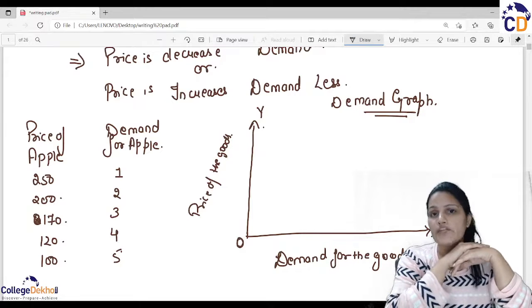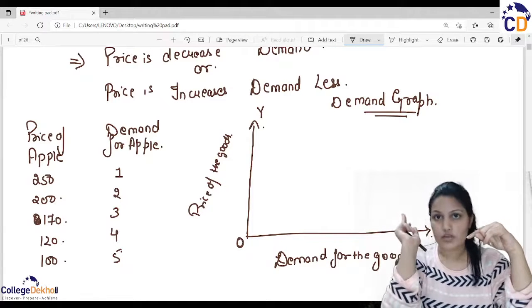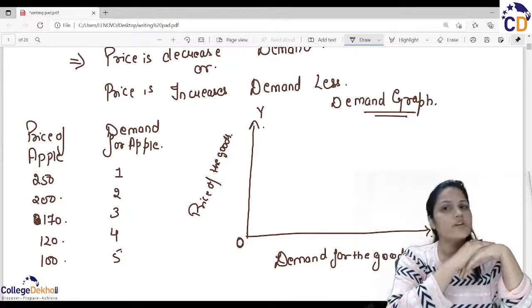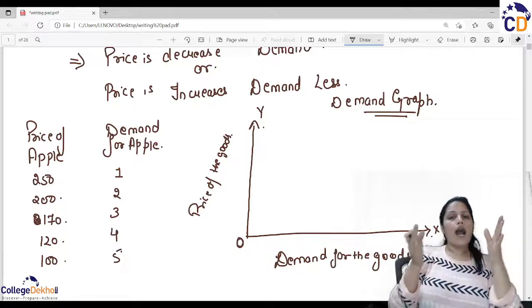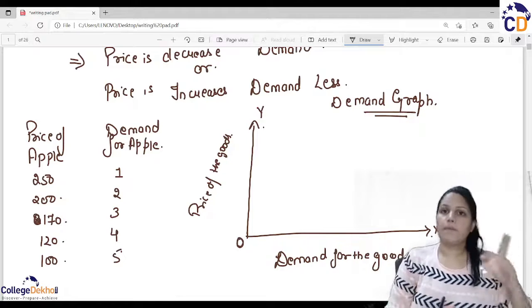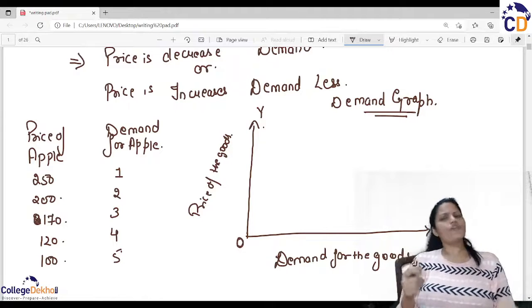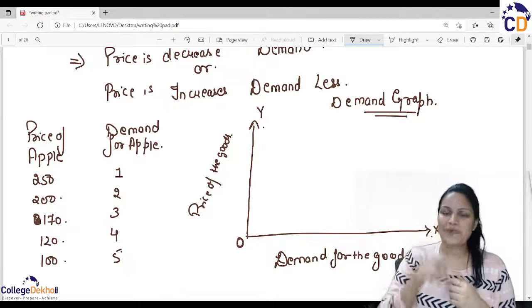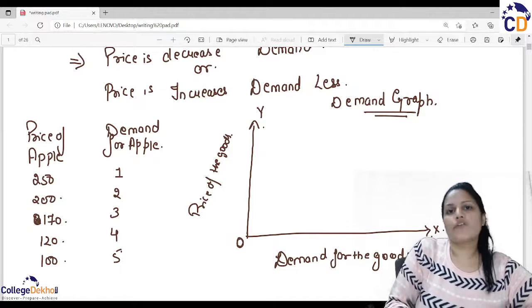So the independent variable is the price, because when the price changes, that is the only reason the demand changes. If the price does not change, will our demand respond? No, chances are less. So our demand is dependent on the price, and also on our income and all other determinants. What the determinants are, we'll discuss in another class, or you may explore as per the description instructions given. So here, the price of the goods.